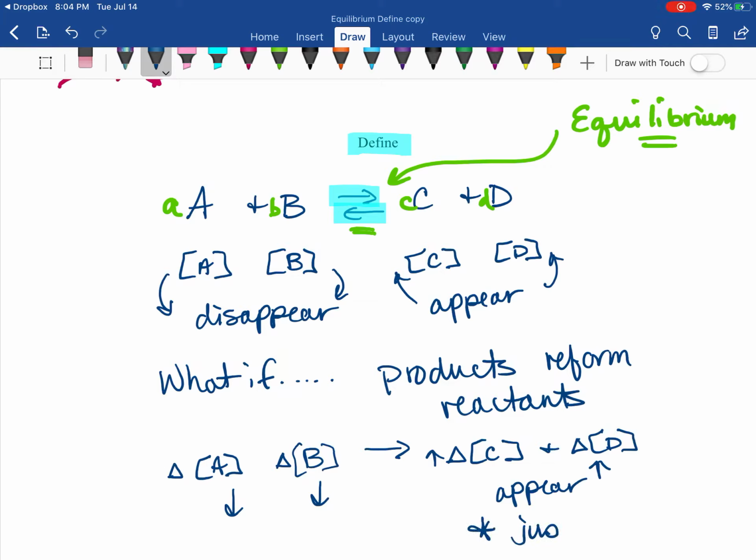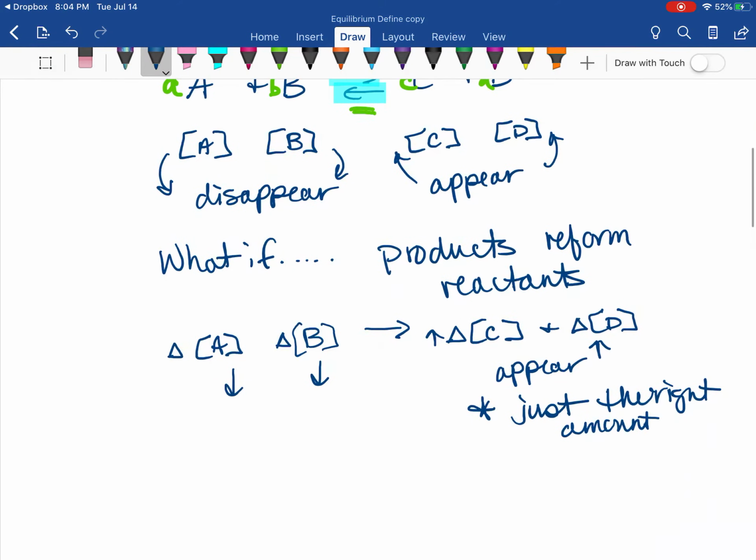And now when you hit a magic concentration, so when you hit just the right amount of C and D, all of a sudden C and D can form A and B. So in other words, the reverse reaction can happen.